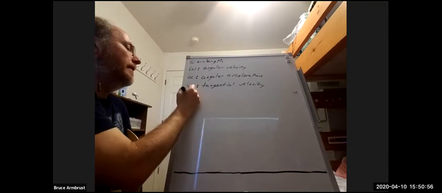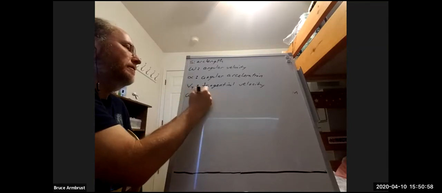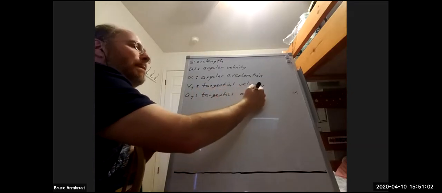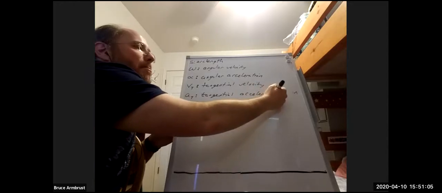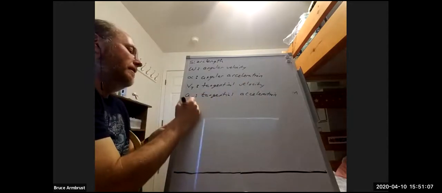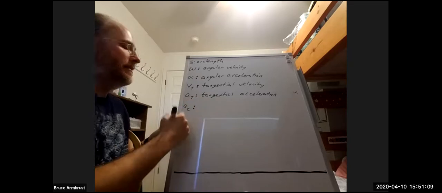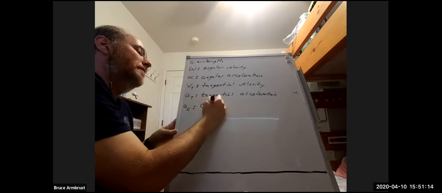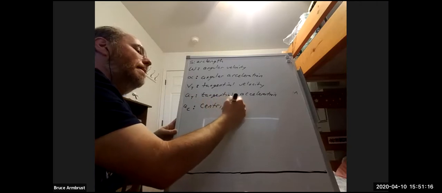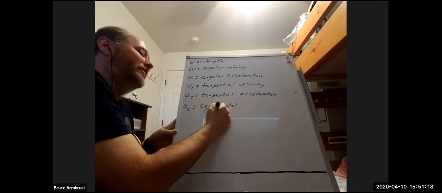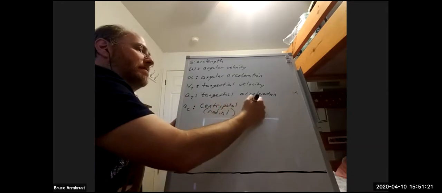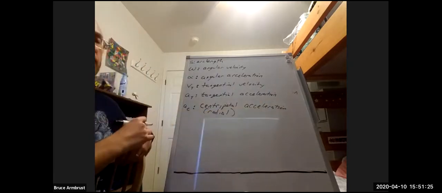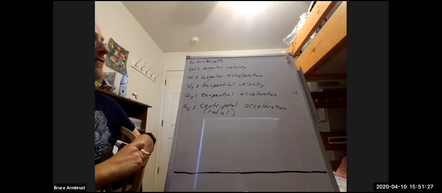We also had tangential acceleration, the same idea. And then we had a sub c, which was centripetal, sometimes called radial acceleration. That's the acceleration that points towards the center of the circle.